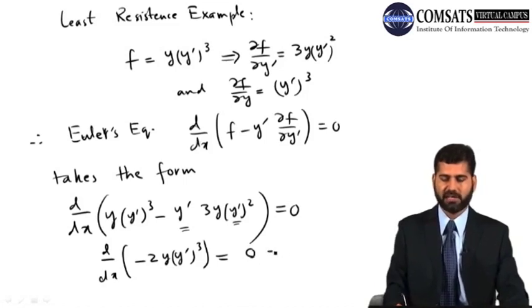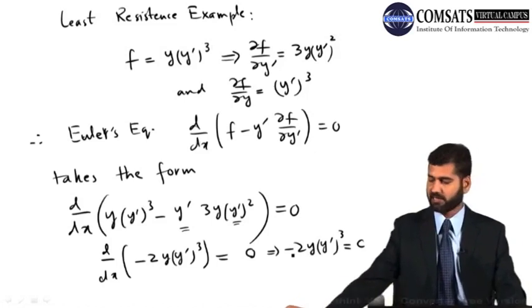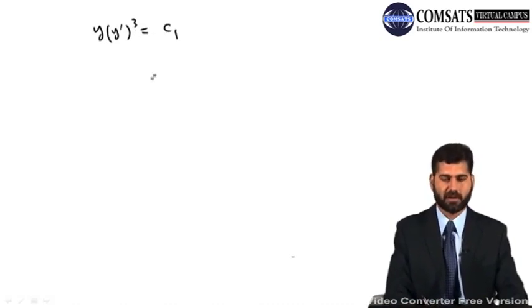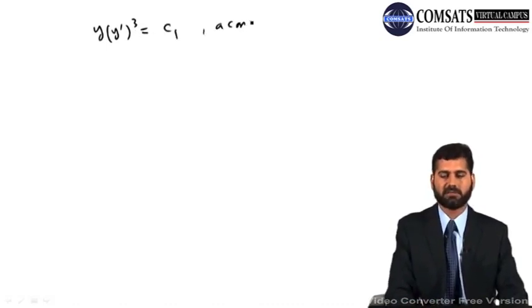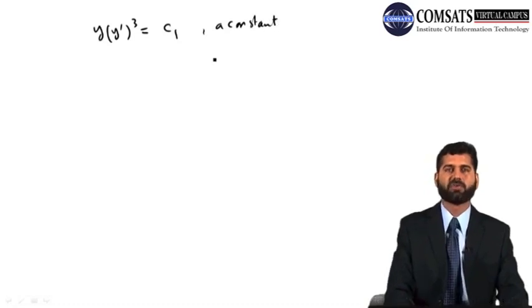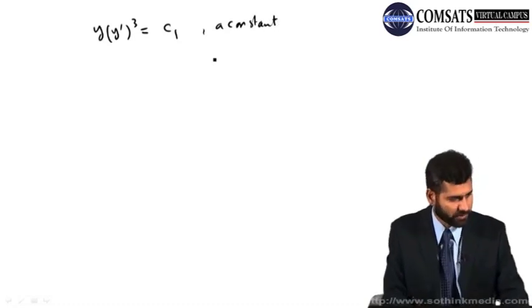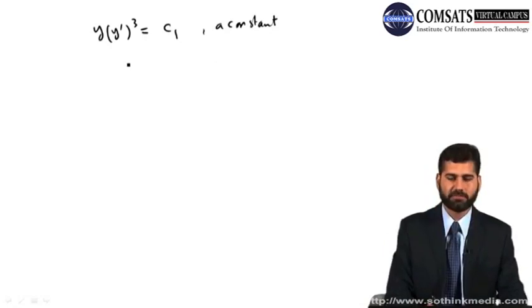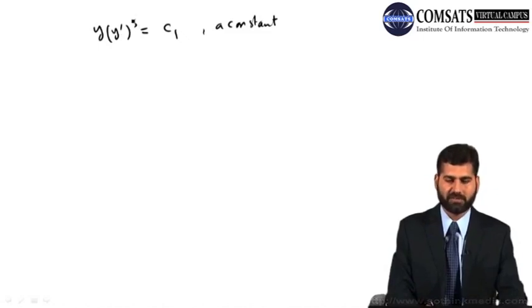So now if you integrate, you will get minus 2y y prime cube is equal to a constant, and if you divide by this minus 2, you will get another constant. So you got y y prime cube is equal to c1, a constant. C by negative 2 is another constant. So I'm solving this for y prime, and I need the power 1 by 3.